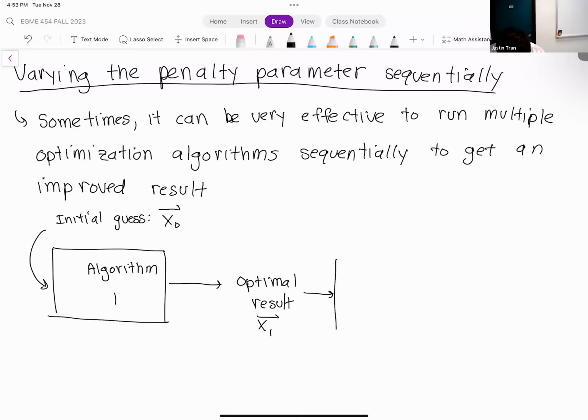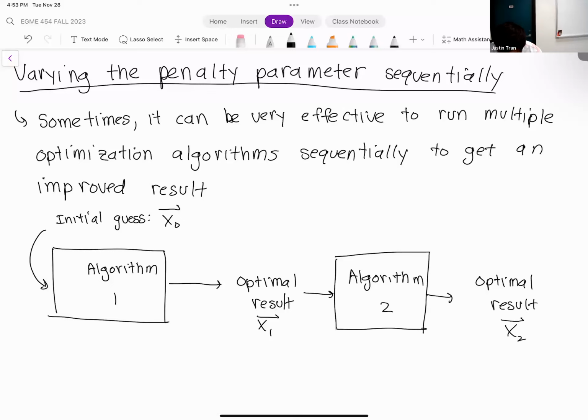And then what you can do from here is take the optimal result from algorithm 1 and use that as the initial guess for algorithm 2. And then from here, you get another optimal result, x2.